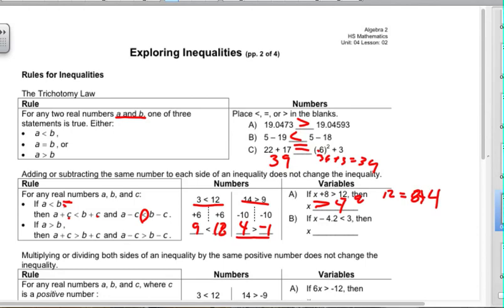On this one, if we add it over, I'm going to add 4.2 to both sides. So x is still going to be less than 7.2 because I've added the same number to both sides.